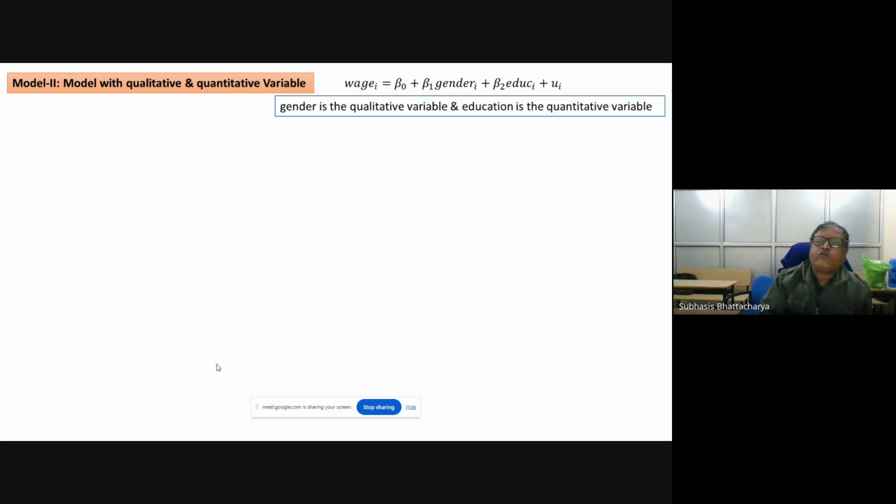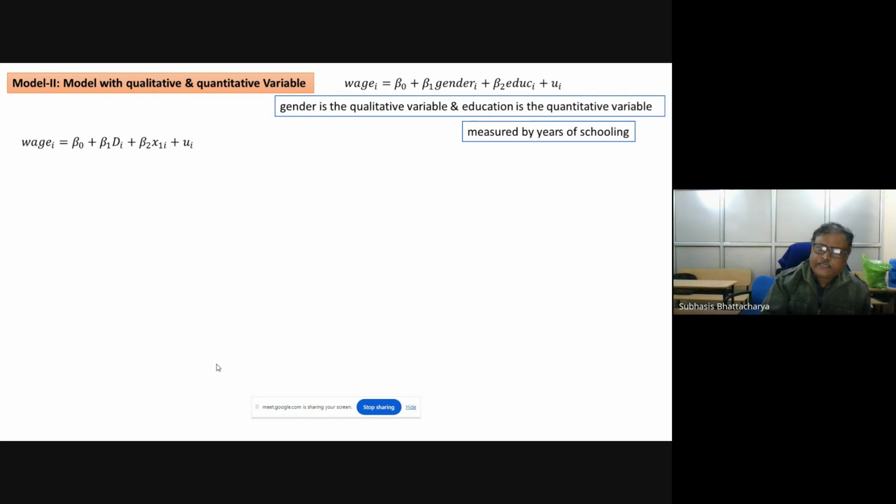So gender is a qualitative variable here because it is identified by male and female. But education is a quantitative variable, measured by years of schooling. We consider the relationship statistically as wage is equal to beta 0 plus beta 1 Di plus beta 2, another quantitative variable x1i.